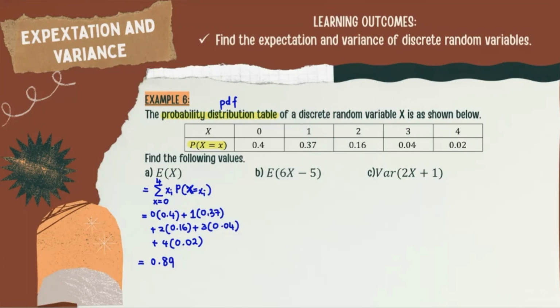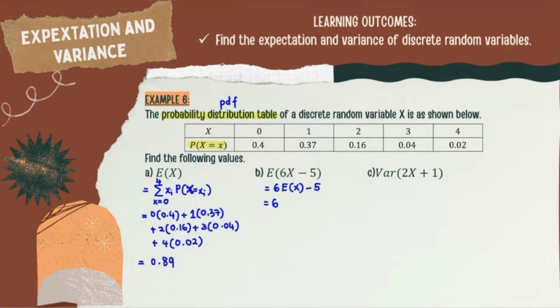So far okay? Simple je kan? Now untuk dapatkan B, E of 6X minus 5. So menggunakan properties tadi, constant bawa keluar, darabkan dengan E of X minus dengan 5. Okay, so it will be 6.